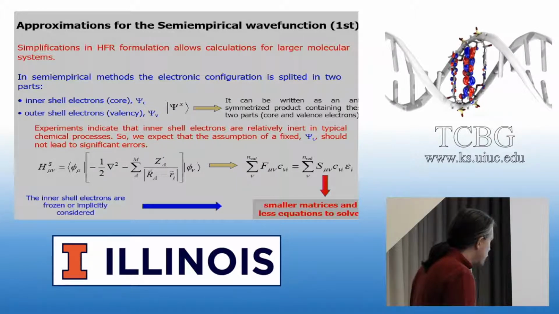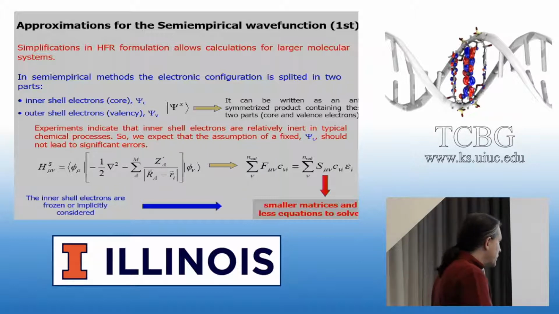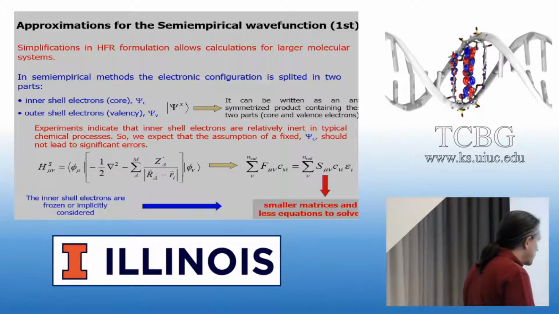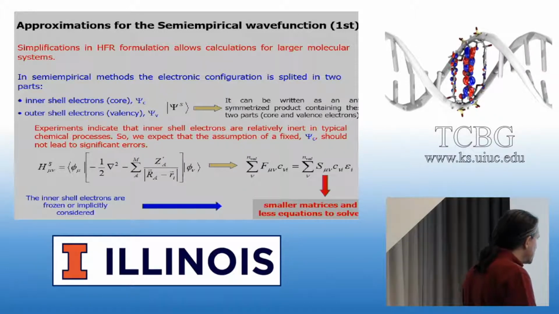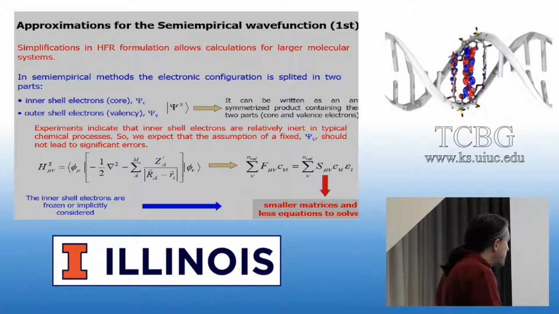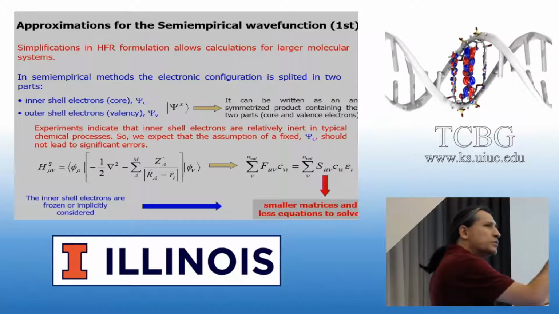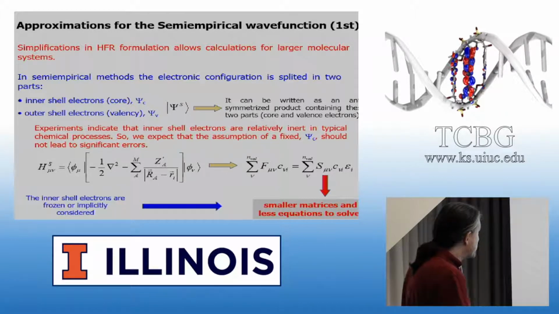One consequence of that consideration is the equations for the Hartree-Fock problem become smaller. The matrices are reduced, and the equation becomes smaller. This is the first approximation you need to do in semi-empirical theory.